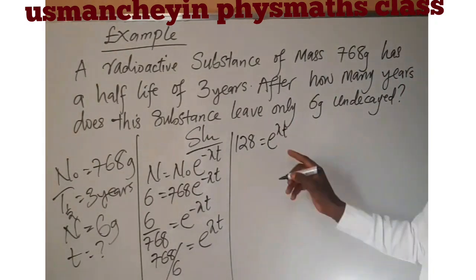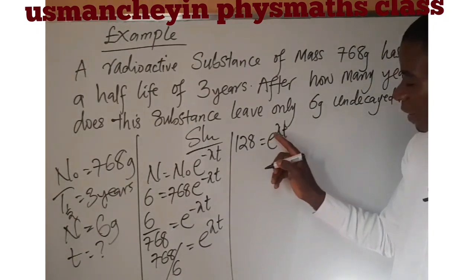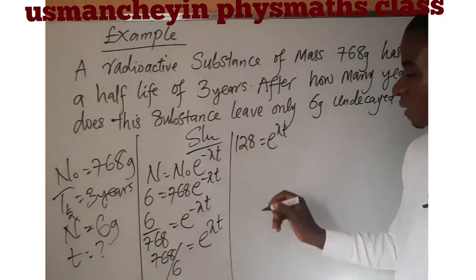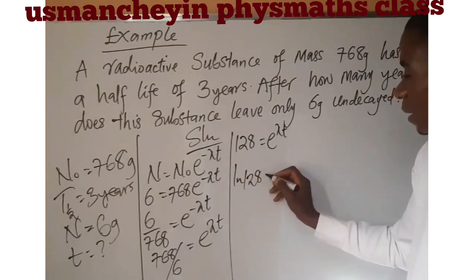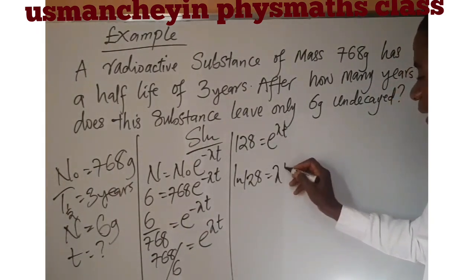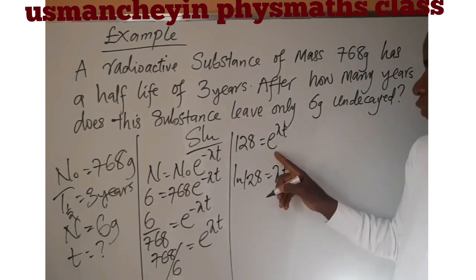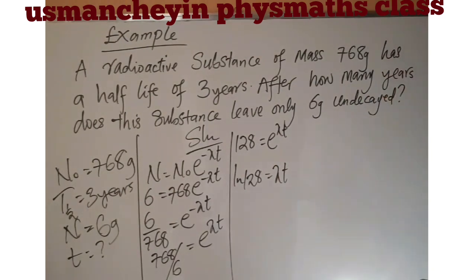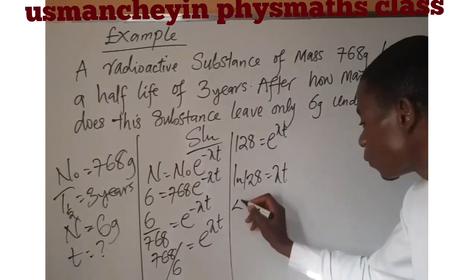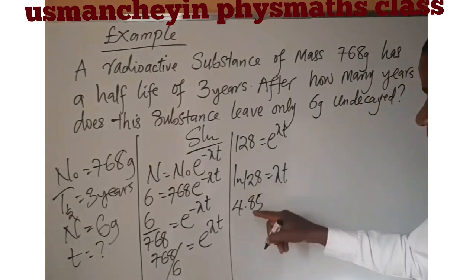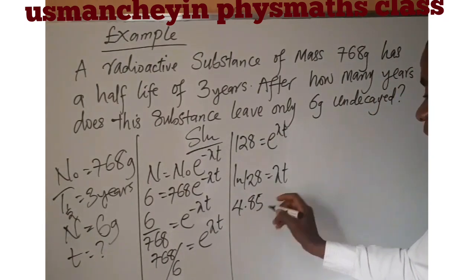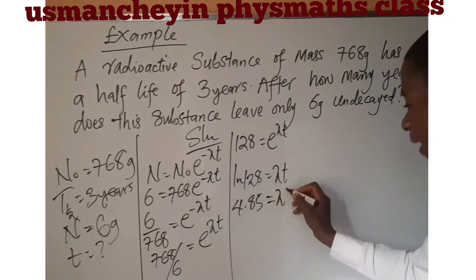From here, if I want to remove the e, I'll take the natural log of both sides. So I'll have ln 128 equal to only lambda t. The natural log has disappeared. The ln of 128 is 4.85, so that is equal to lambda t.